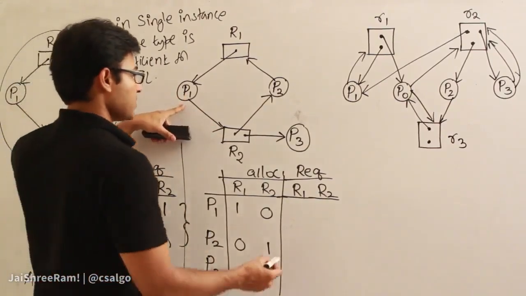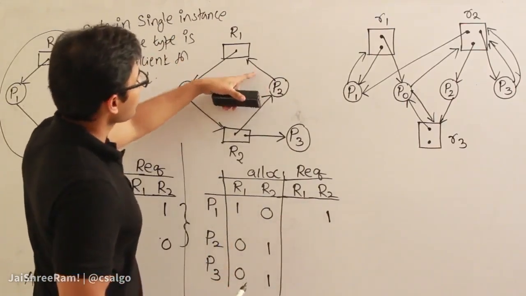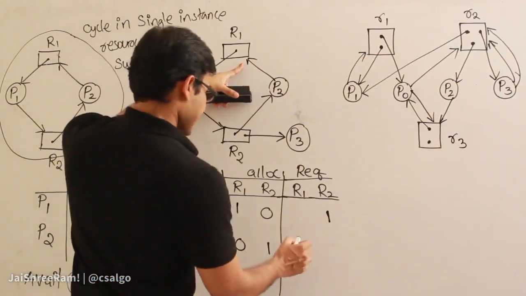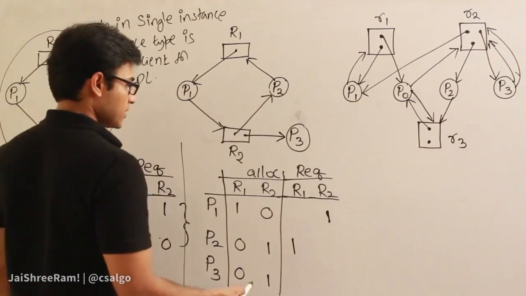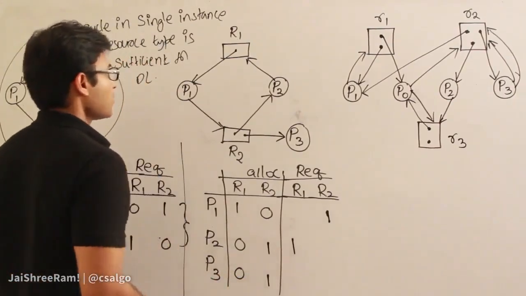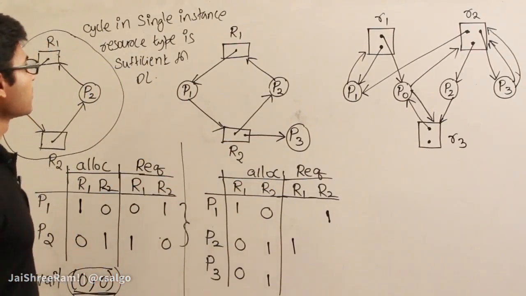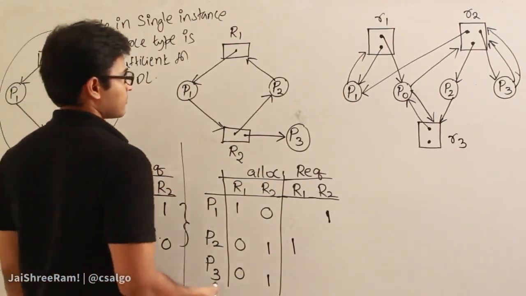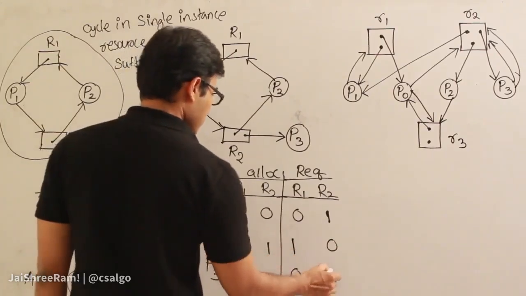Therefore P1 is requesting R2 and P2 is requesting R1. Okay, and P3 is not requesting anything. Fine. So there are no outgoing edges for P3, isn't it? So the remaining is 0, 0, and this one is 0, 0, right?